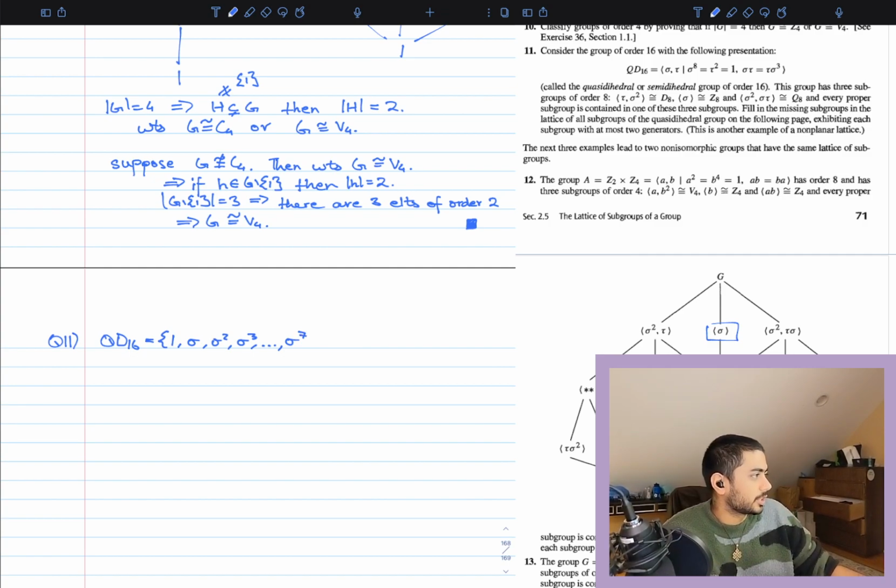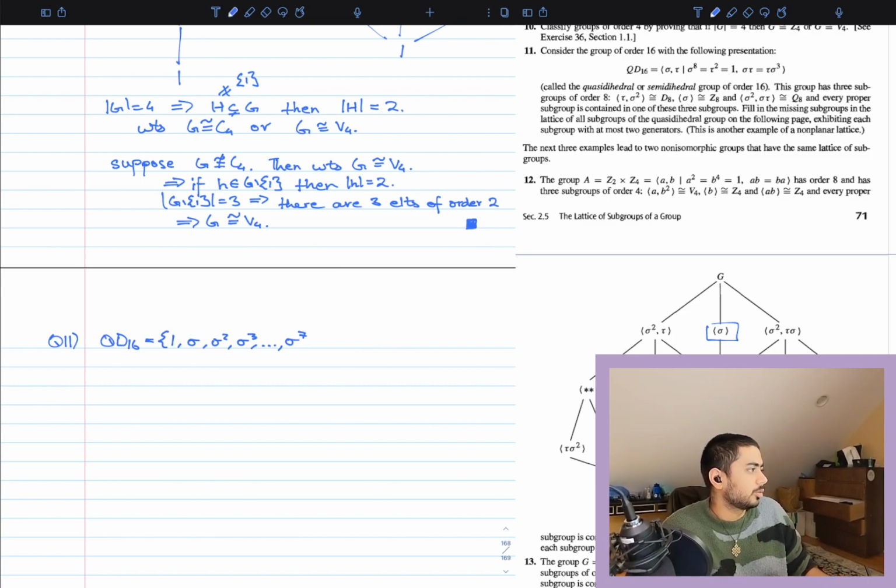We don't need to include sigma to the 8, because that's the same thing as 1 by definition. So powers beyond that are also again in this list, because sigma to the 9 is just sigma to the 8 times sigma, but this is just 1, and so this is all just sigma. So any higher power already is in this list.